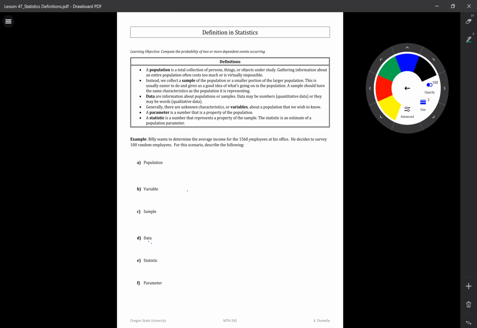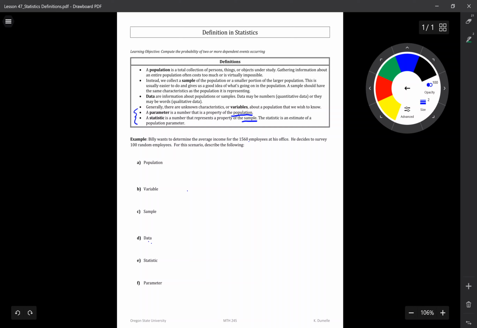Generally, there are unknown characteristics or variables about a population that we wish to know or that we want to study. A parameter is a number that is a property of the entire population, and a statistic is the number that represents the property of the sample. So the parameter and the statistic are really closely related, but the parameter is of the whole population, and a statistic is of the sample.